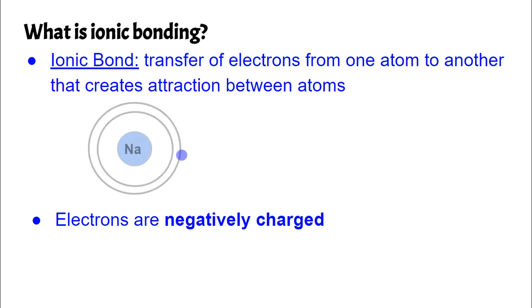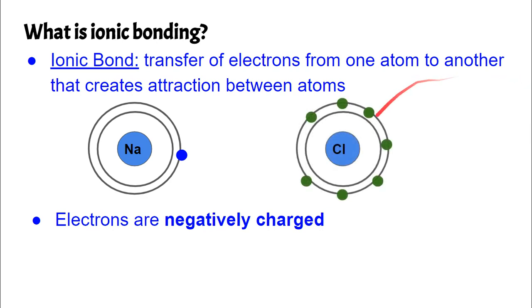Let's take a classic famous example. We have sodium and chlorine. Sodium only has 1 valence electron. Chlorine has 7 valence electrons. Neither of these guys are very happy or stable because they do not have 8 valence electrons.